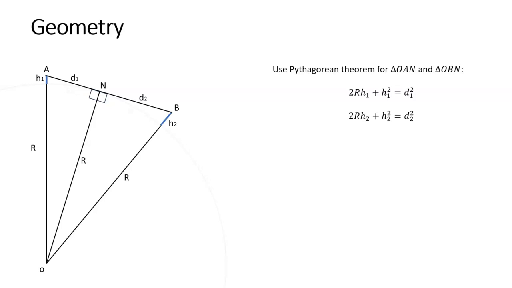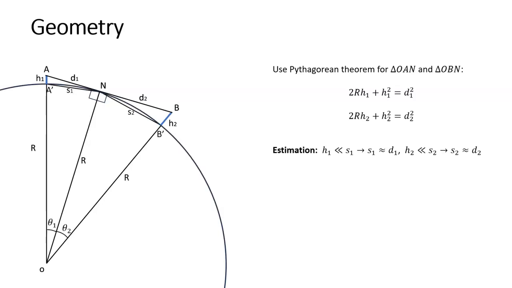However, we know that the distance of the ship is in fact the summation of S1 and S2. Therefore, we need to use an estimation. Now, this estimation is what makes our solution a physical solution rather than a mathematical solution. So this is a physical estimation.